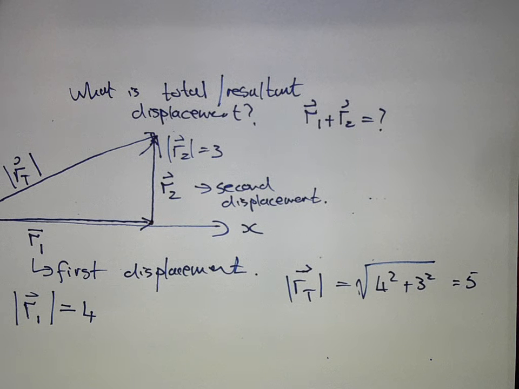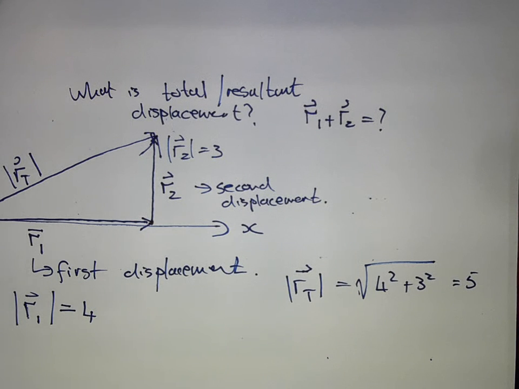Because if it's a vector, you need to take into account things like directions when you add them together. If it's just two numbers, if I've got 10 kilograms of mass, to that I add 20 kilograms of mass, I will always have 30 kilograms of mass. However, if I walk 4 meters in one direction, 3 meters in another direction, I'm not necessarily always going to end up 7 meters away from where I started.